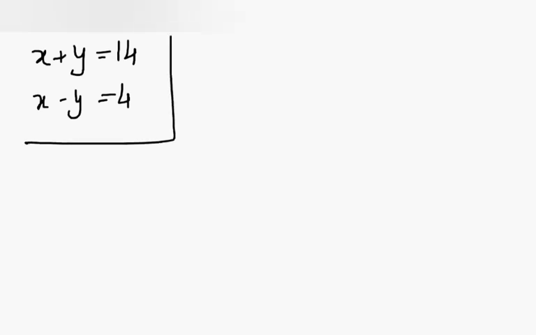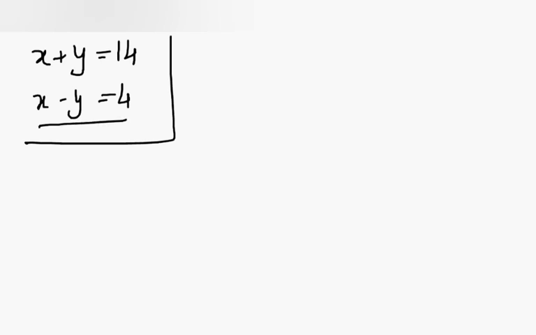If the question is x plus y is equal to 14 and x minus y is equal to 4, then in this question you have to substitute a value of one of the variables so that you find the value of the other variable. How will we do that?